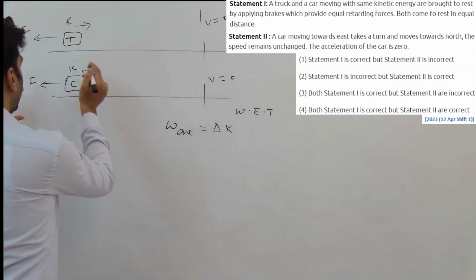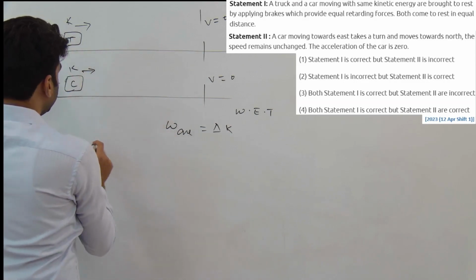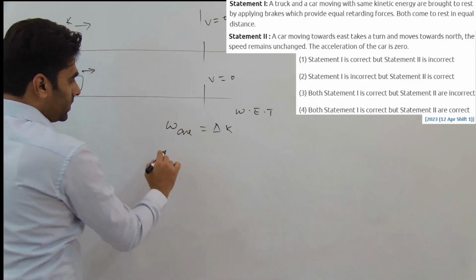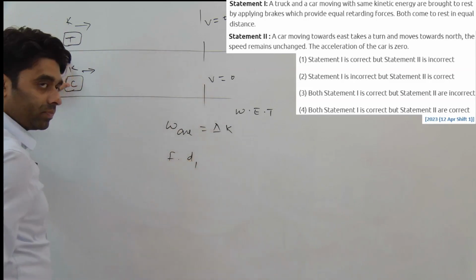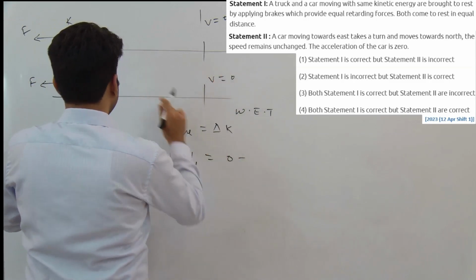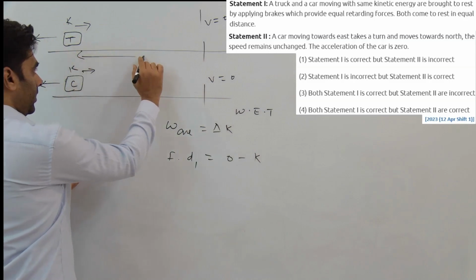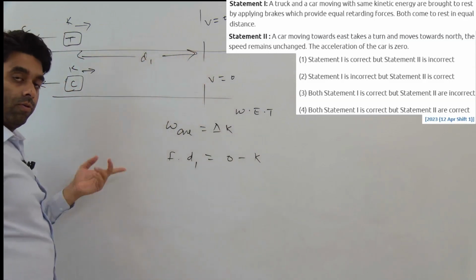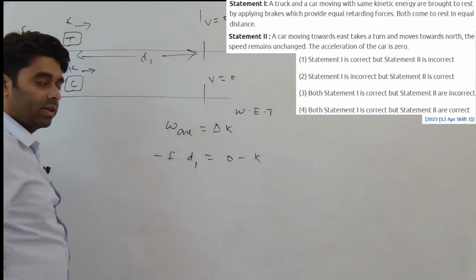So work done by all forces, for both of them one by one we write down. Work done on this one, the retarding force which is acting, F into the distance, let's call it D1, is equal to final kinetic energy 0 minus initial kinetic energy K. This is for the truck. D1 distance I have termed. For car, this will be minus because the work done will be negative.